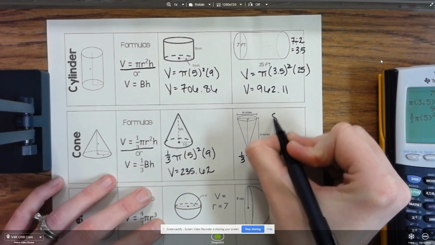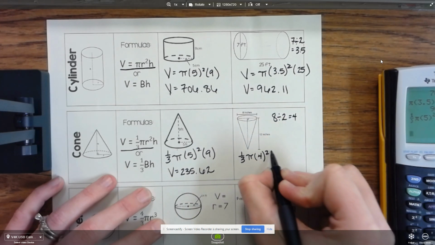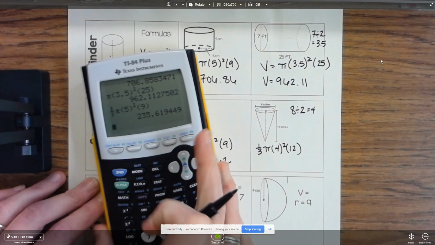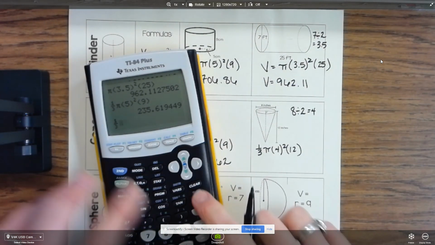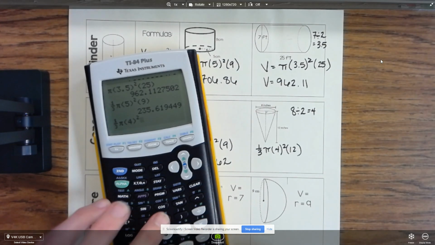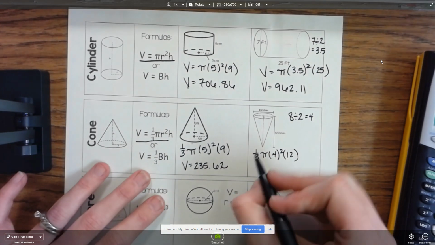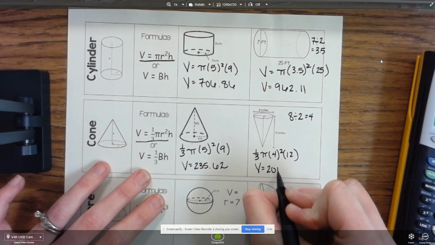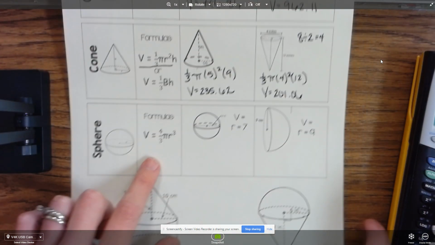Again, they've given me the diameter, so I have to divide it by 2 to get the radius of 4. So 1/3 pi radius and height. So for that one, we get a volume of 201.06.